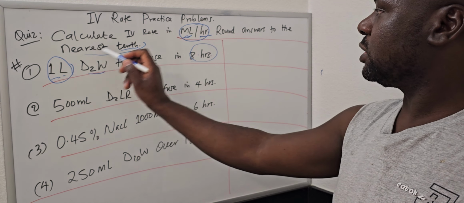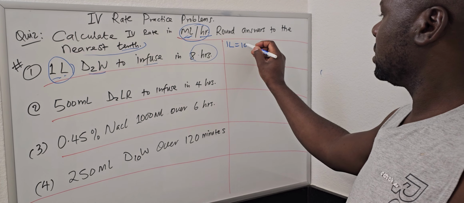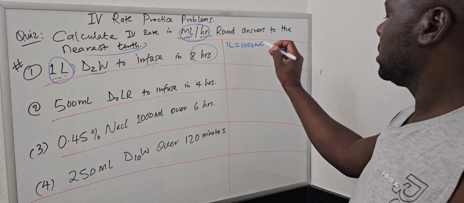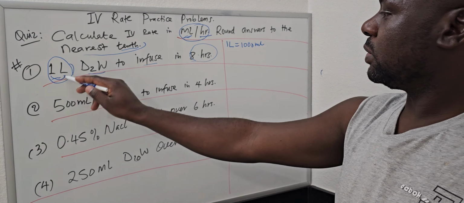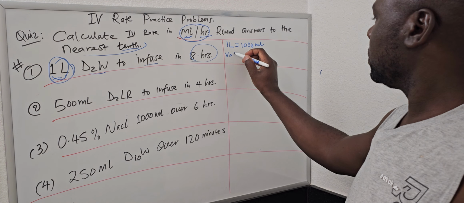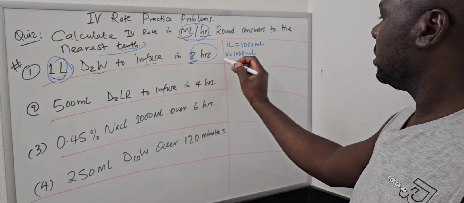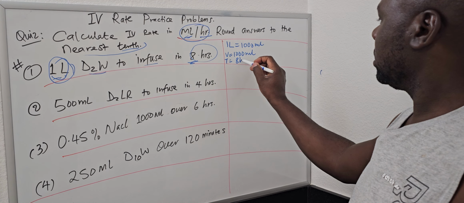To change liters to ml, we know 1 liter is equal to 1,000 milliliters. So our volume is equal to 1,000 ml, and our time is equal to 8 hours.